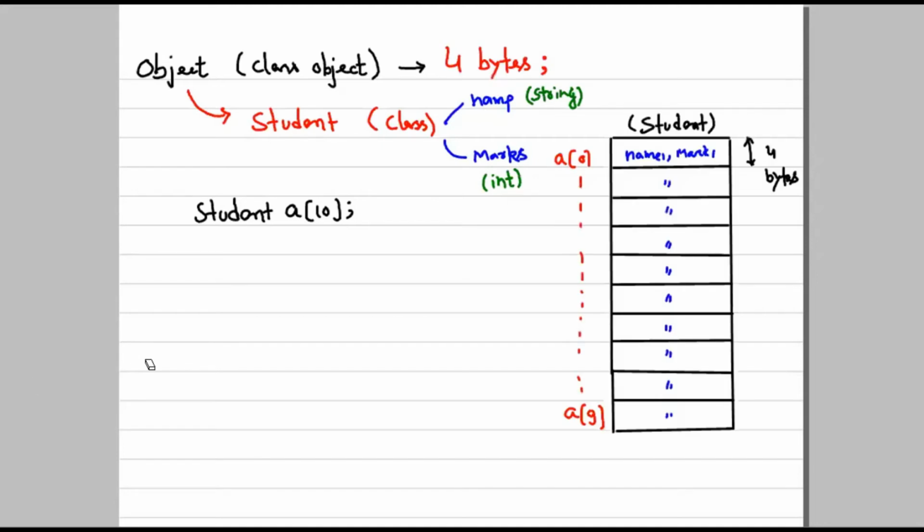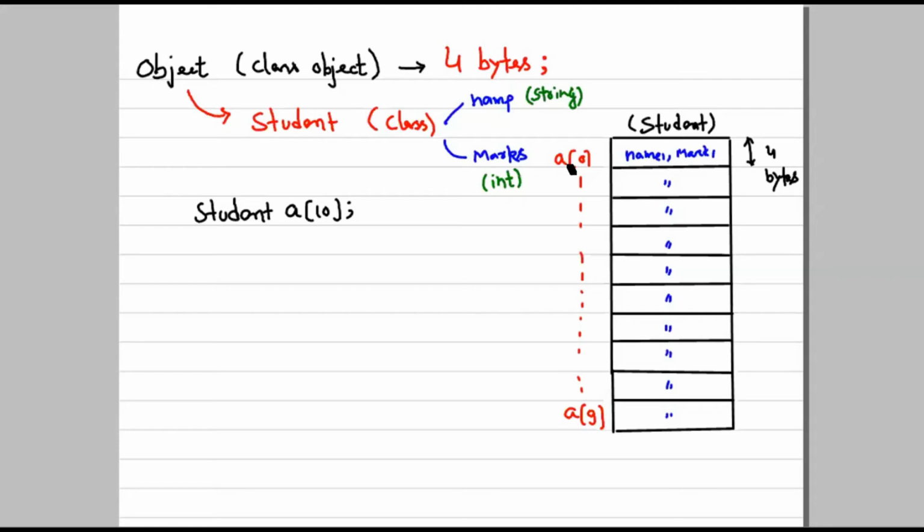It is the same as, let's say, one object takes 4 bytes in the memory, and we have 10 such elements. So how much memory will this take? 4 cross 10. It is the same as the integer, but it is not always that the object would take 4 bytes. It is different for each and every object.